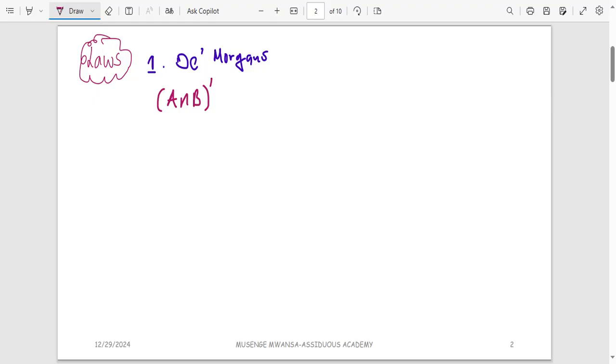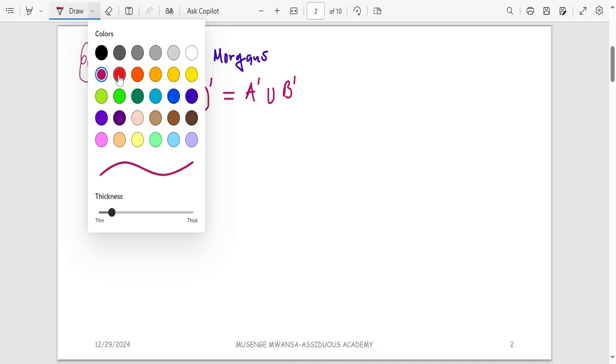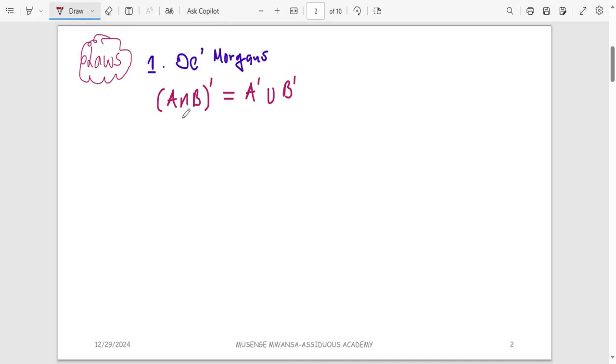When you distribute this complement to what is inside, you end up with A complement and B will also carry a complement. But the sign in the middle will change to union. So this law is known as De Morgan's law of the intersection of two sets. Why? Because we are starting with intersection.